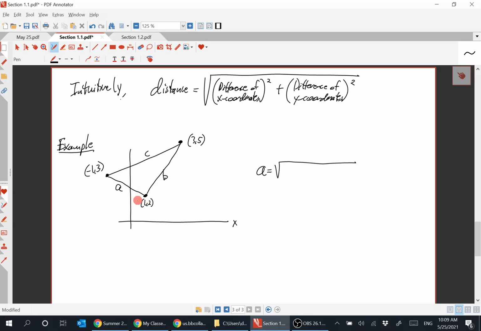Now it doesn't matter in which order you do it, because you're squaring things, and the only difference if you did this point minus that point or that point minus this point is they're negatives of each other, but that goes away when you square it. So it's -1 minus 1 squared plus the difference in the y coordinates, 3 minus 2 squared. So that distance A is, this is 2, so -2 squared plus 1 squared. So that's square root of 5.